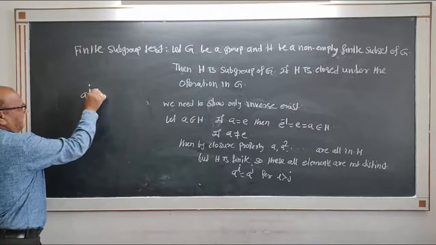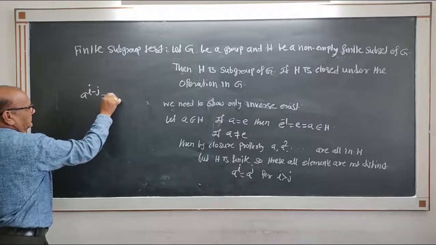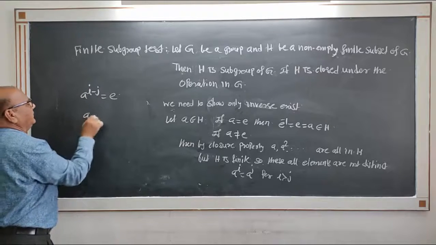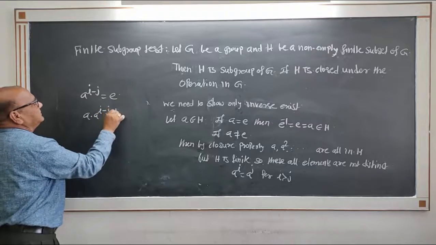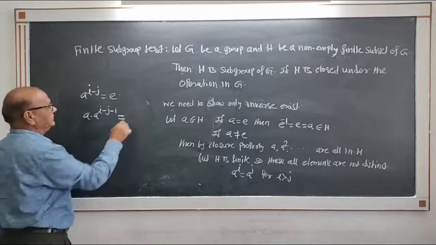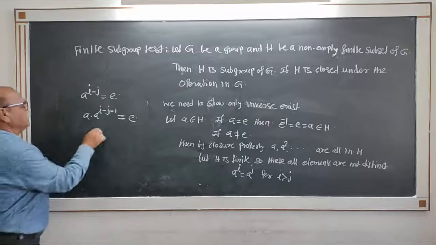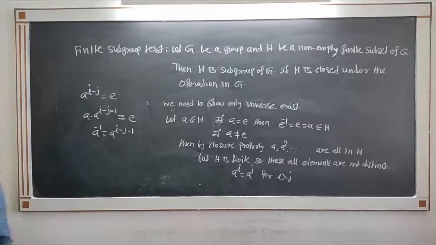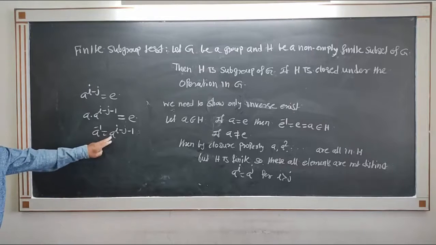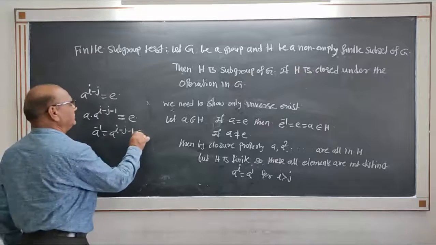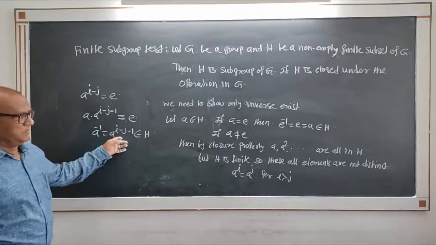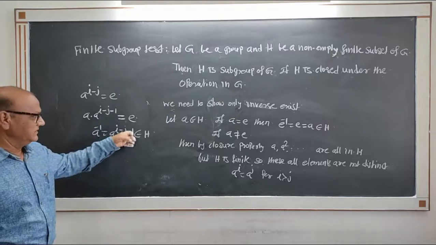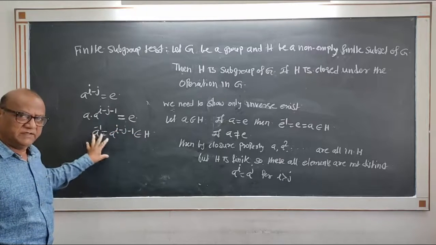This gives A raised to I minus J is equal to E, and A into A raised to I minus J minus 1 is equal to E. This gives A inverse is equal to A raised to I minus J minus 1, and this belongs to H. That means the inverse of each element exists.